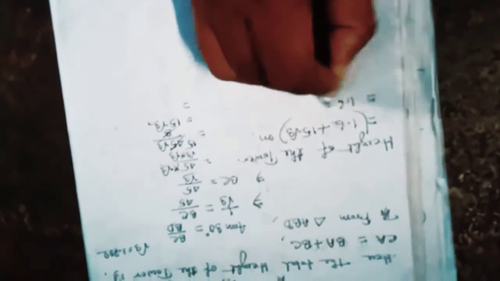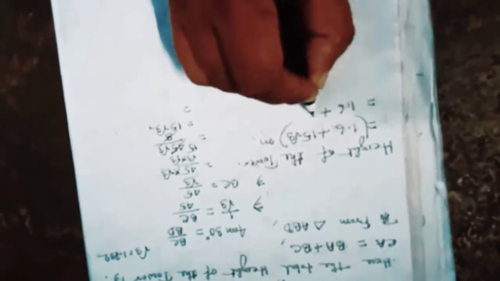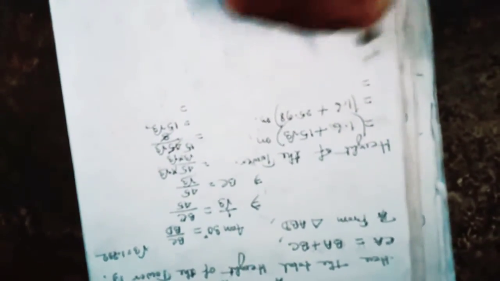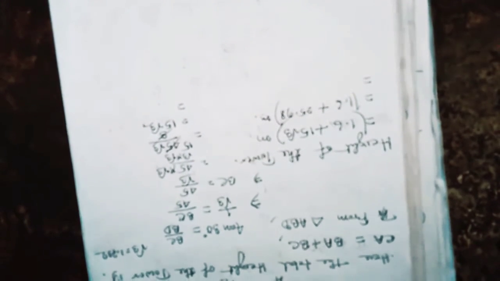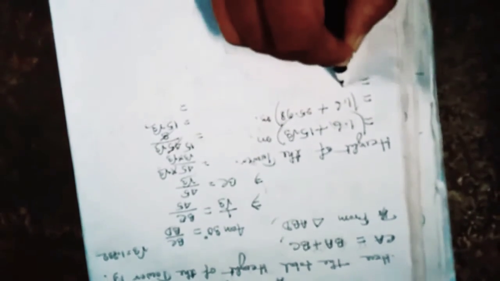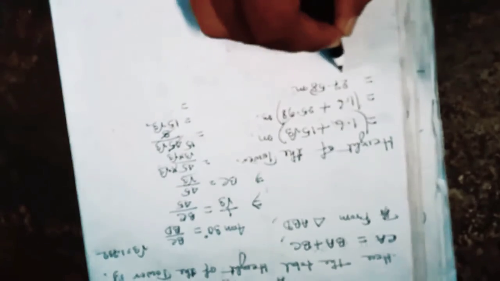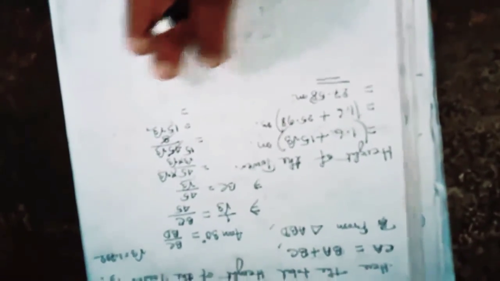If we calculate the value of 15 root 3, that becomes 25.98 meters. So in total, it is 27.58 meters. So this is the height of the tower. Hope it is visible to you. This is the height of the tower. Let's move to another question.